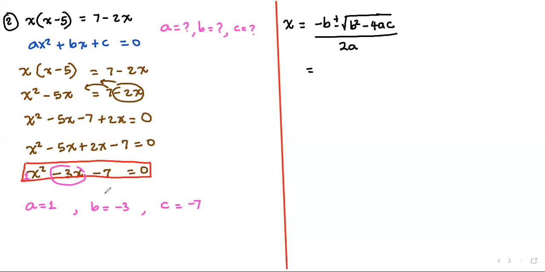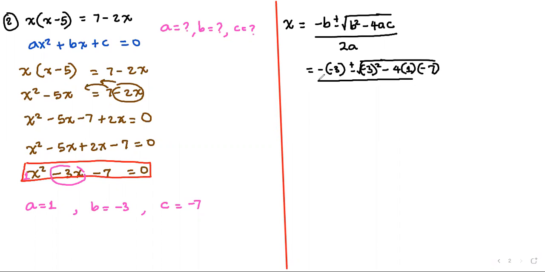Minus b, remember b is -3, so we have minus -3 plus or minus the square root of b squared, so that will be -3 squared, minus 4 times a, which is 1, times c, which is -7.